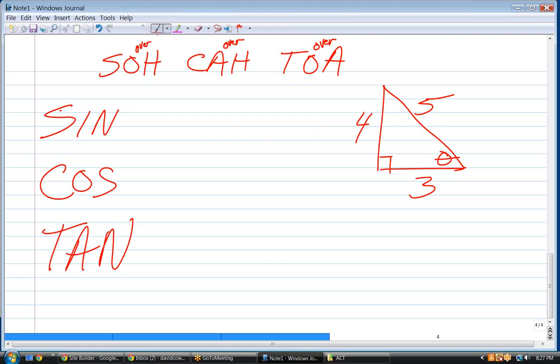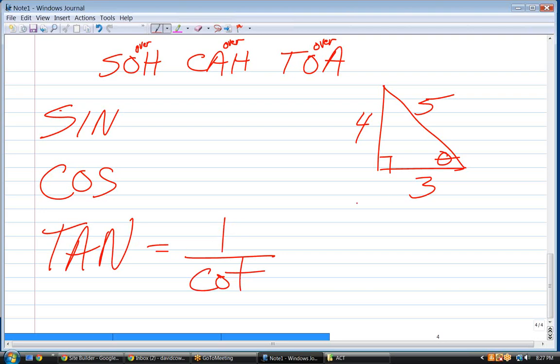The other thing that you probably are going to have to know for one question is what the reciprocals of these three are. Well, the easy one to remember is cotangent. It goes with tangent. So the tangent of theta is always equal to 1 over the cotangent of theta.